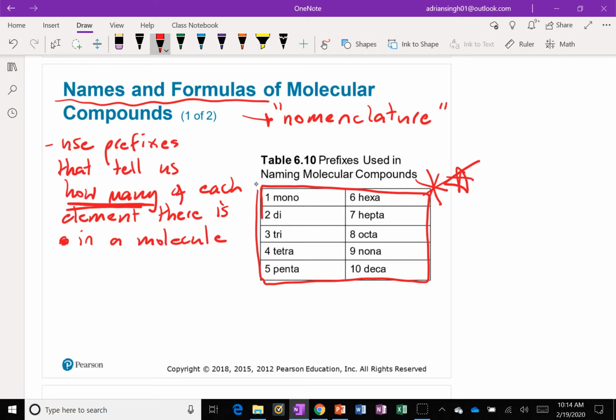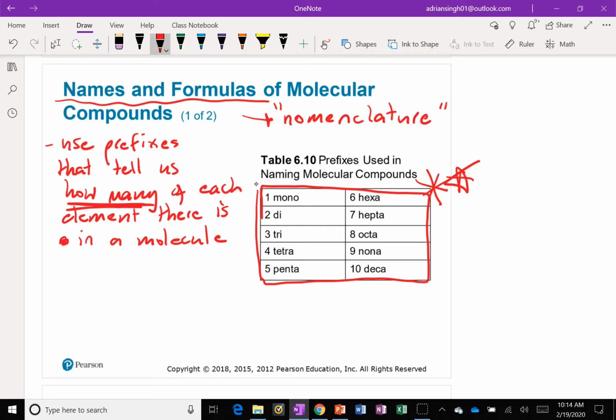And I'll tell you right now, students often get 7 and 4 confused for whatever reason. So pay extra attention to those. 7 is hepta, and then 8, like octopus, octa. 9, nona. 9 has 2 N's in it, like nona does. And then deca for 10, like decade, 10 years.